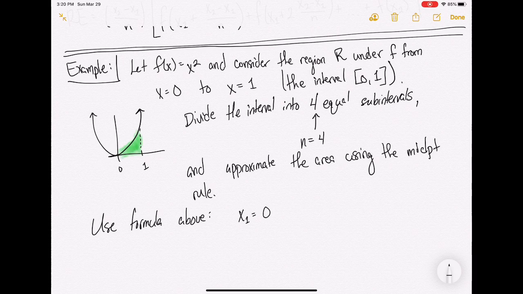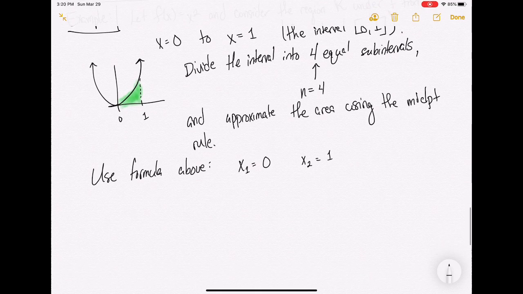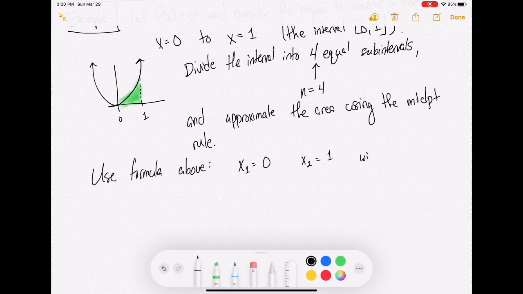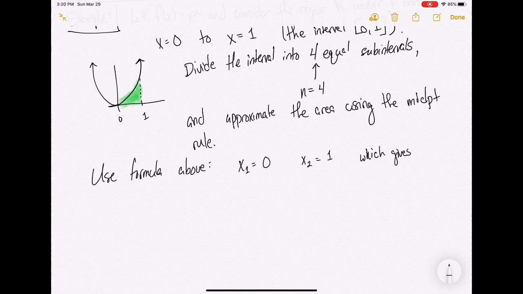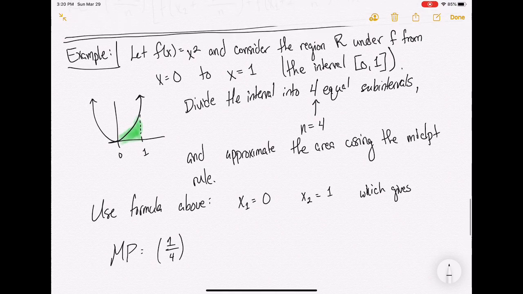It says x1 is 0, x2 is 1, which gives our formula MP equals x2 minus x1, which is just 1, because 1 minus 0 is definitely just 1. N is 4, and I'm using those in the formula.